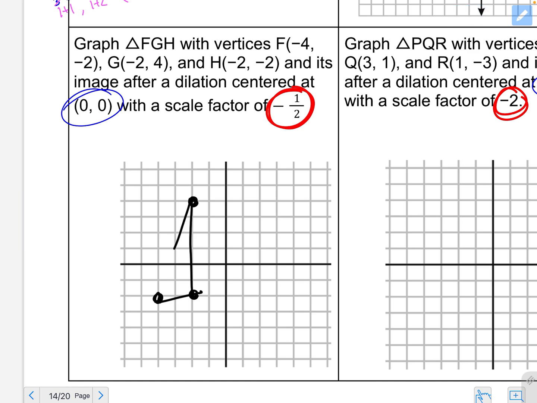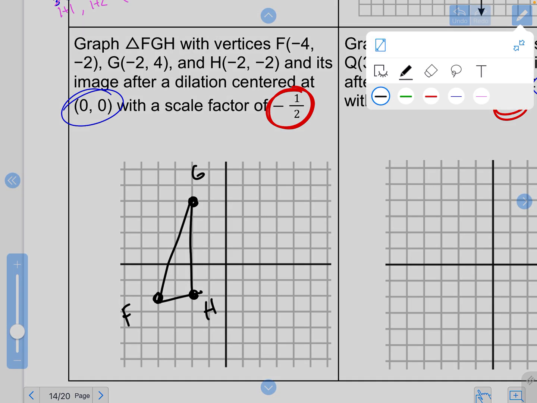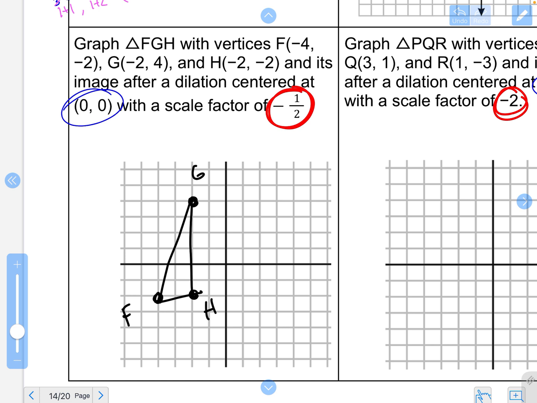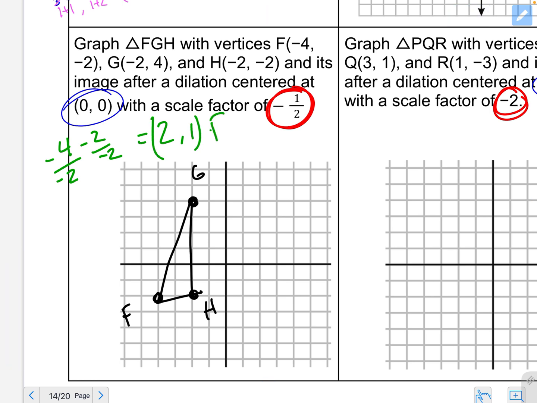So this is FGH. We have a scale factor of -1/2, so that means I'm going to divide -4 and -2 by -2, which means I'm going to get a +2, +1 for F prime.